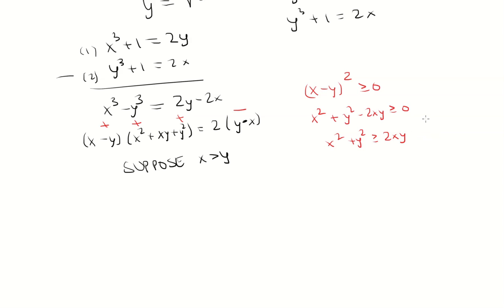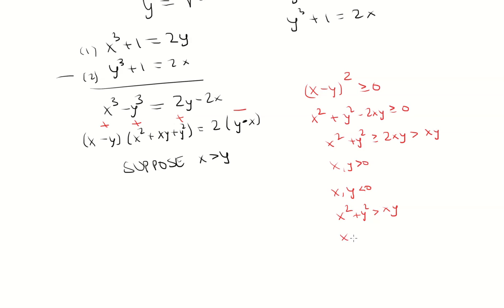Here is what we have to say. If x and y are positive, then this is greater than xy. If both of these are negative, then this is still true, because 2 times xy is positive.